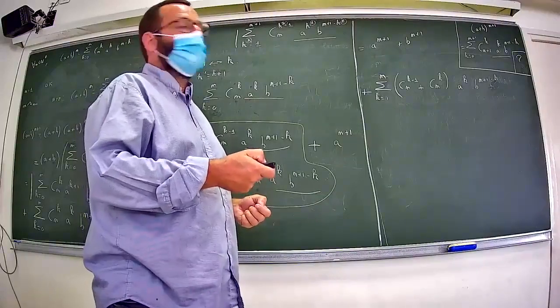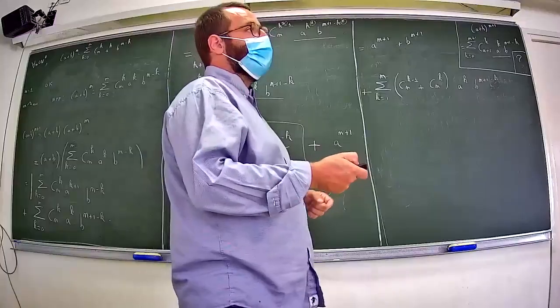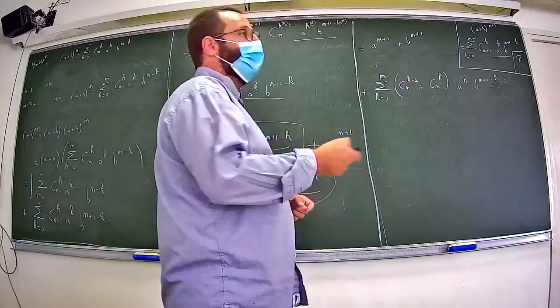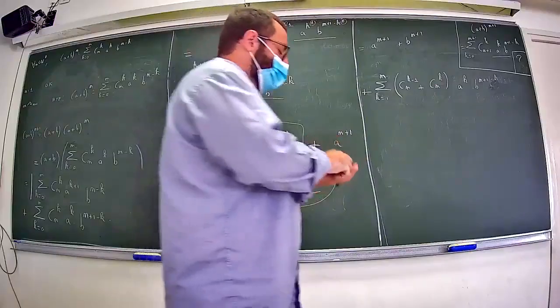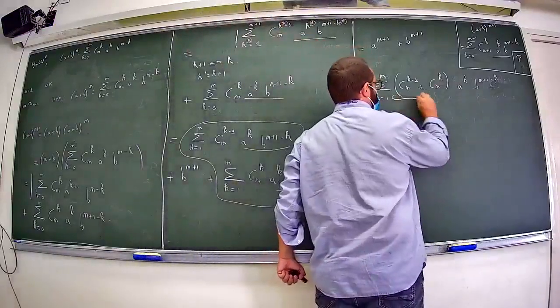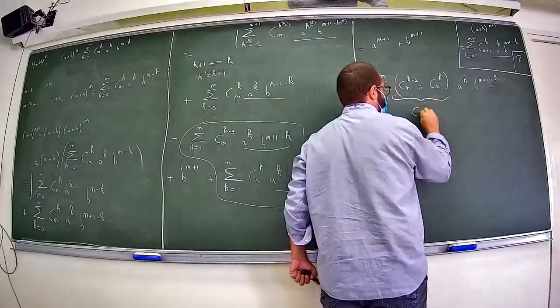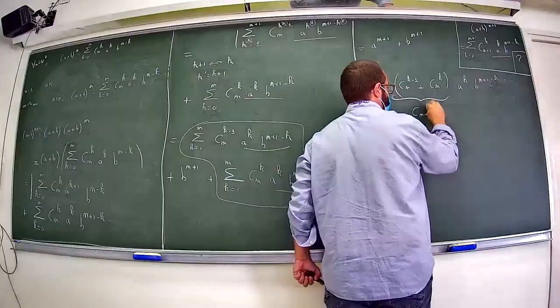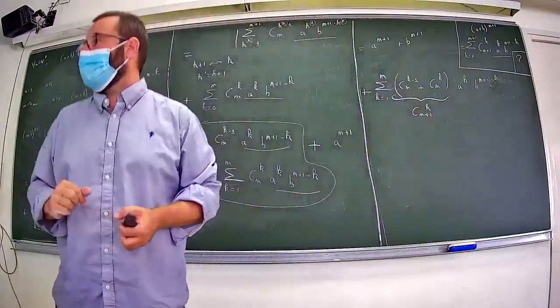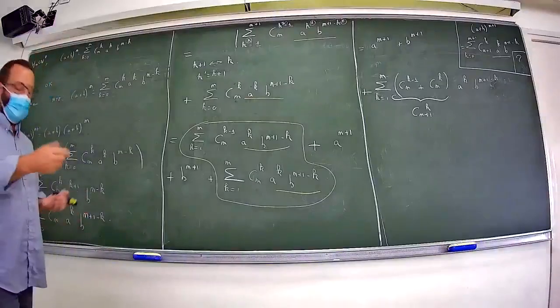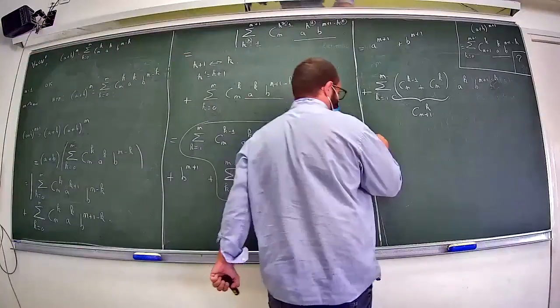But we are going to use the fact that C(n,k-1), that is this term, plus C(n,k), that is this one, is in fact equal to C(n+1,k), from question A of exercise 24 of the summer list. Okay? So let's write what I have at the end.